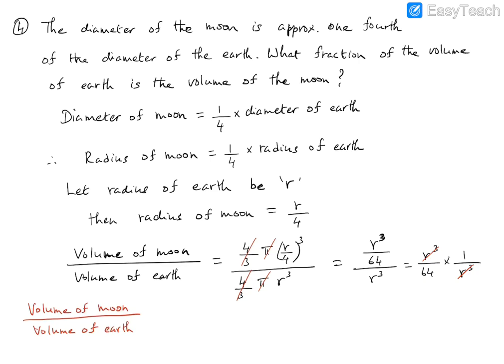So let's write that down. We get this ratio, volume of moon to the volume of earth is 1 over 64, or in other words, the volume of moon is equal to 1 over 64 times the volume of earth, taking the volume of earth from the denominator to the other side of the expression.